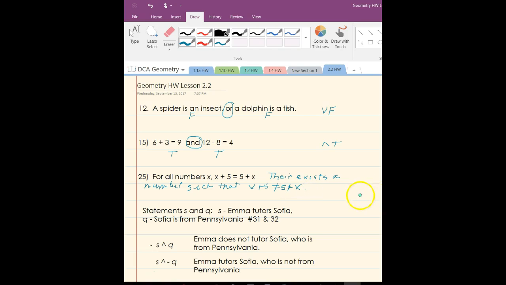Now I know that's a long sentence. Please do not answer this or a problem like this by just putting x plus 5 is not equal to 5 plus x. These answers require a full sentence.